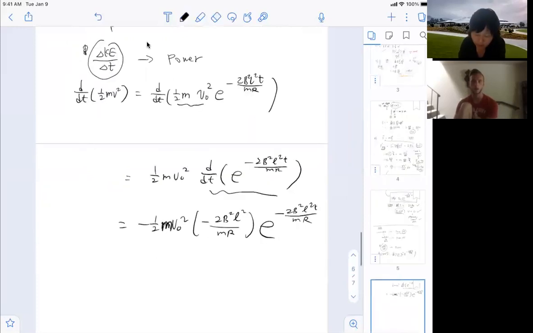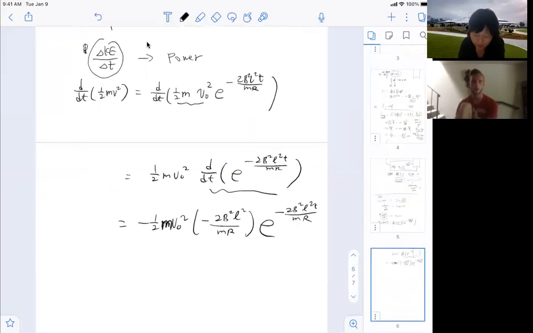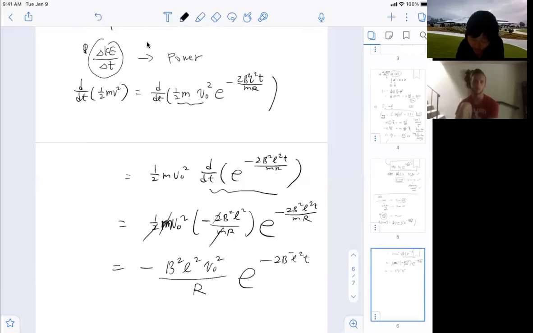Shouldn't have a positive; the minus sign is here. So what do I get? I cancel 2, I cancel m, I get a negative B squared L squared v squared over R. Shouldn't I get it over R squared? Oh, over R, I'm sorry. E to the entire stuff.